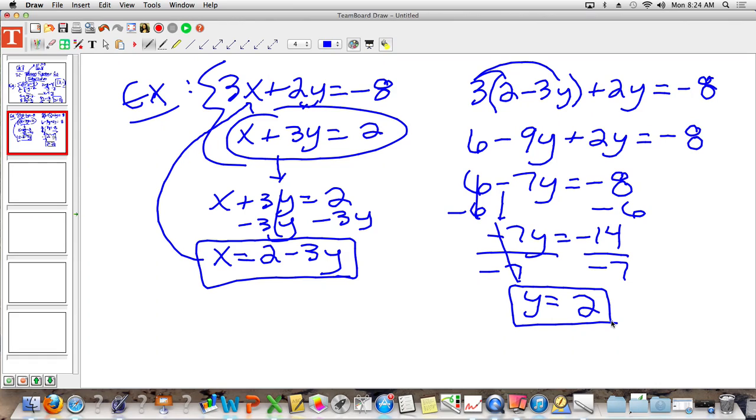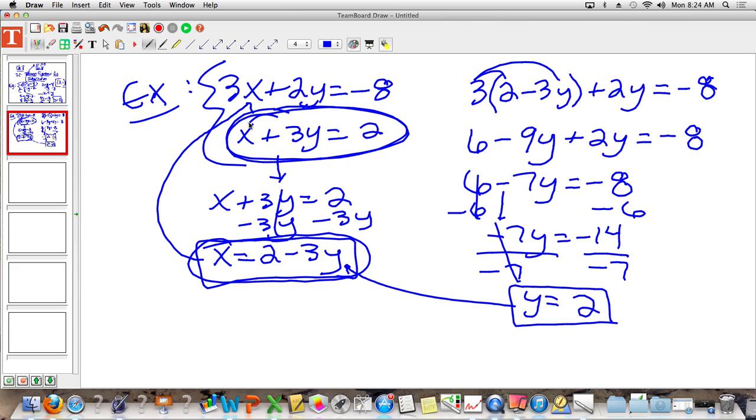All right, now, the very first thing that we did in this problem was we solved for x. Right over here. X is equal to 2 minus 3y. You could now take this y value, this 2, and plug it in here. Or you could go back to the original equation. You decide. This x equals 2 minus 3y is a variation of the original equation.